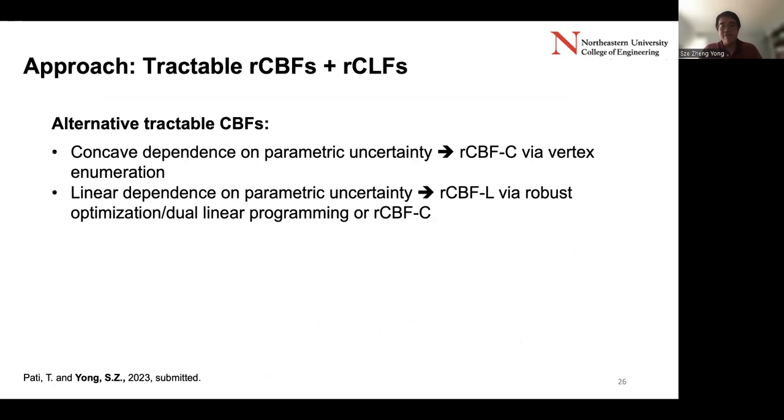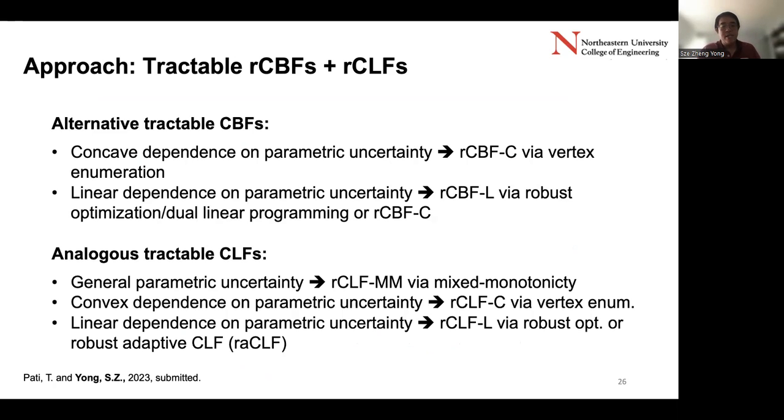So if we have concave dependence, then we can use vertex enumeration. Or if we have linear dependence on the parametric uncertainty, we can use dual linear programming or robust optimization to deal with that.